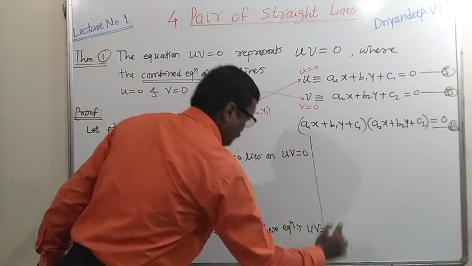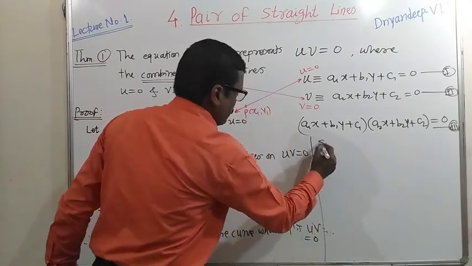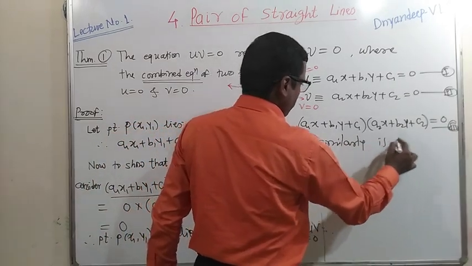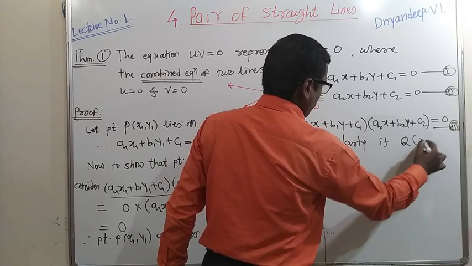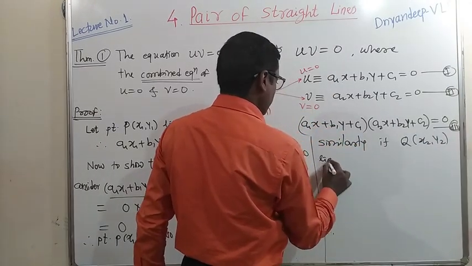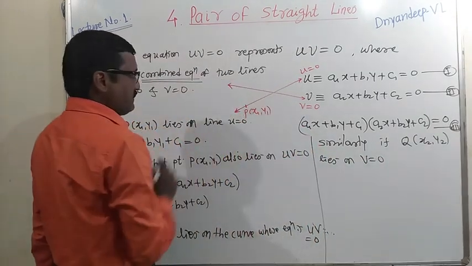Similarly, if point Q (x2, y2) lies on v equal to 0, our second line, then what will happen?